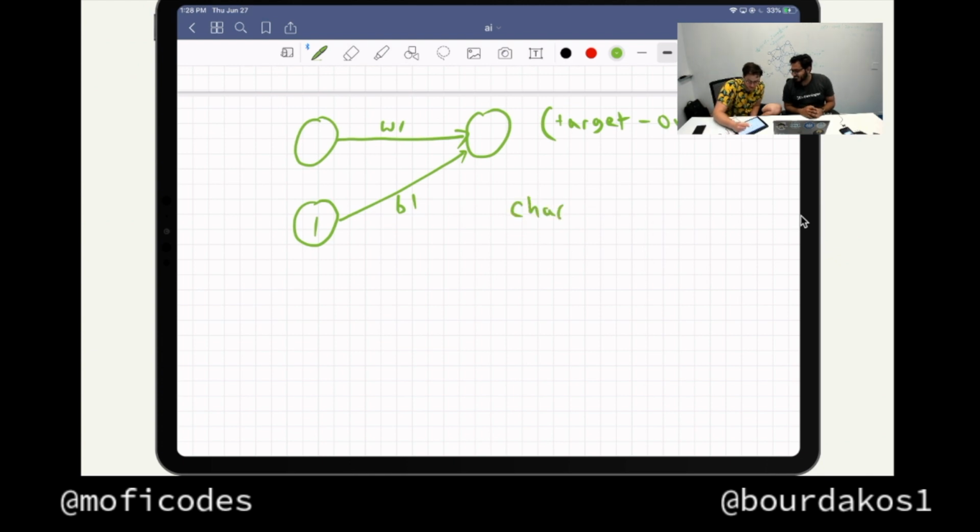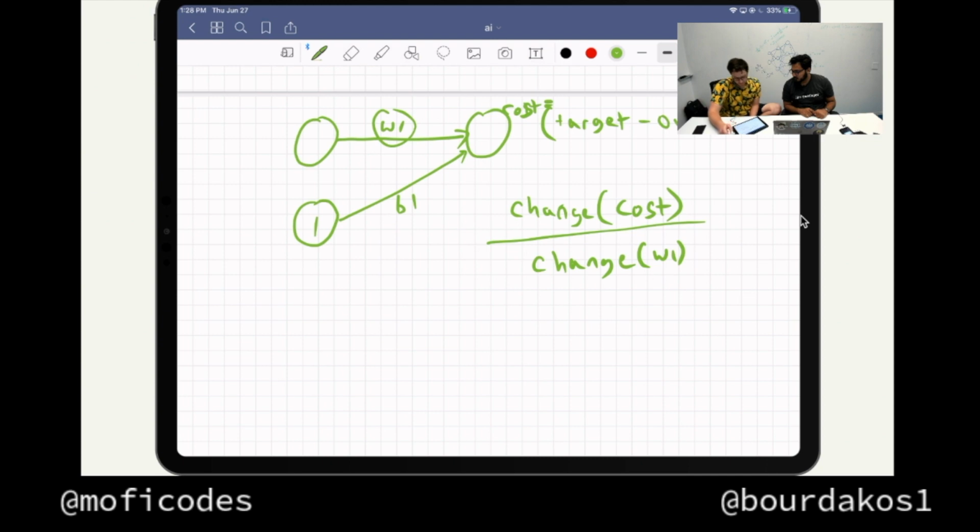We want to find the change in the cost function. So let me just write cost with respect to change. We're going to first look at this weight one with respect to change in weight one.